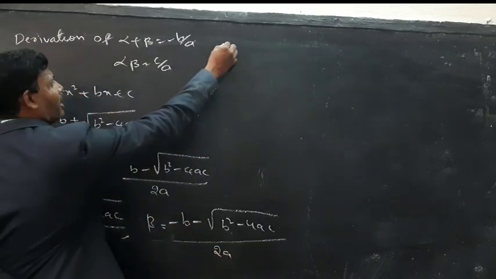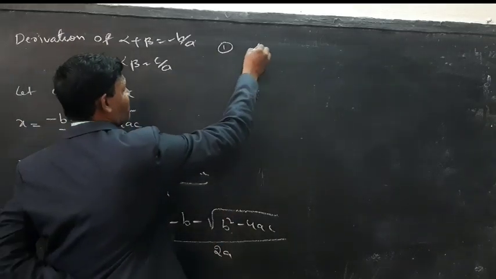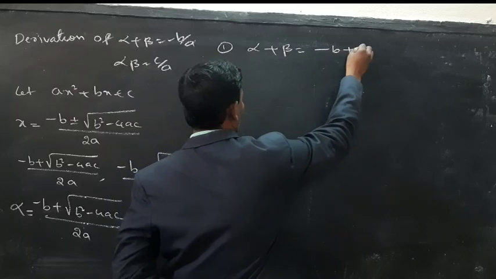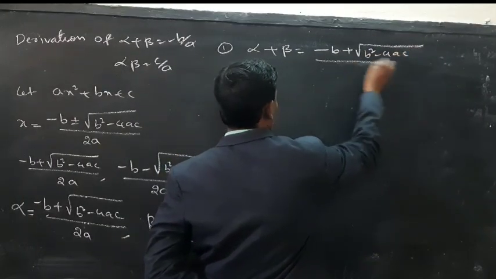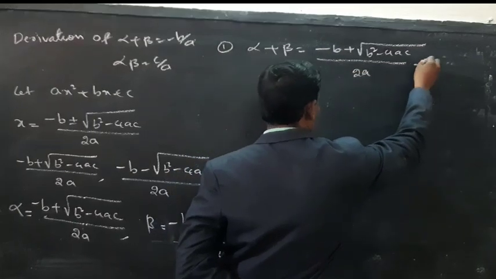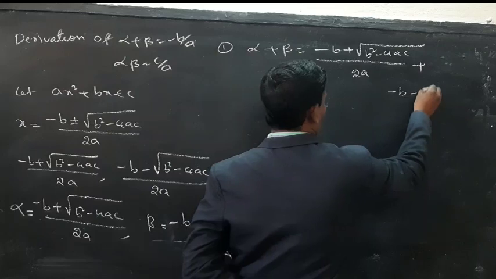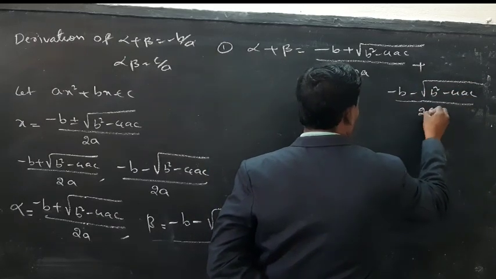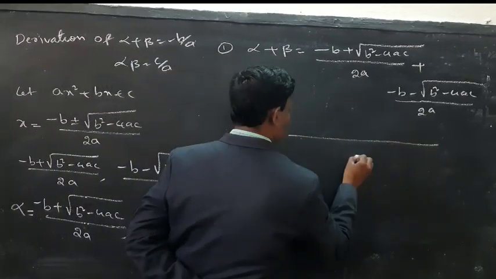First, I need the sum of zeros. Sum of zeros means alpha plus beta is equal to: alpha means minus b plus under root of b square minus 4ac by 2a, plus beta means minus b minus under root of b square minus 4ac by 2a. Both are like terms, so I am taking 2a as LCM.